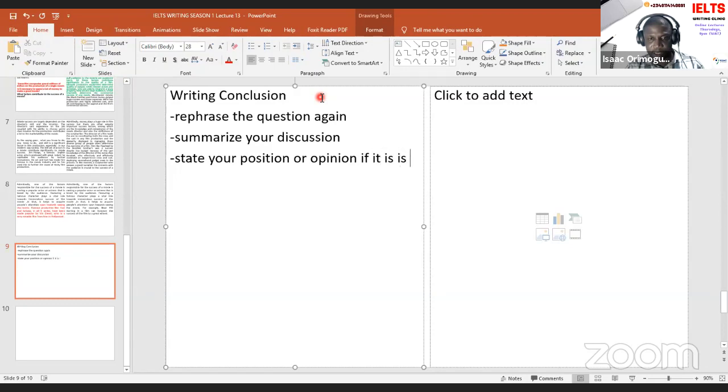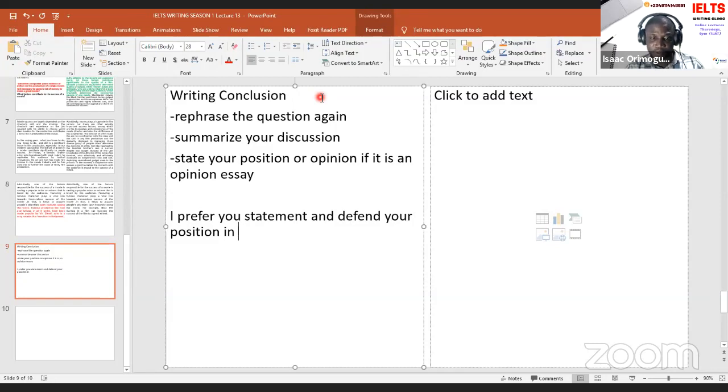Normally I prefer that you state and maybe defend your position in a separate paragraph before the conclusion. But if you are a slow writer, you can just follow the first method.